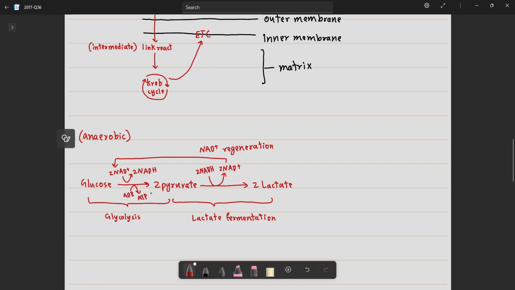So after glycolysis, its product, two pyruvates, are then fed into the lactate fermentation process to produce two lactates.